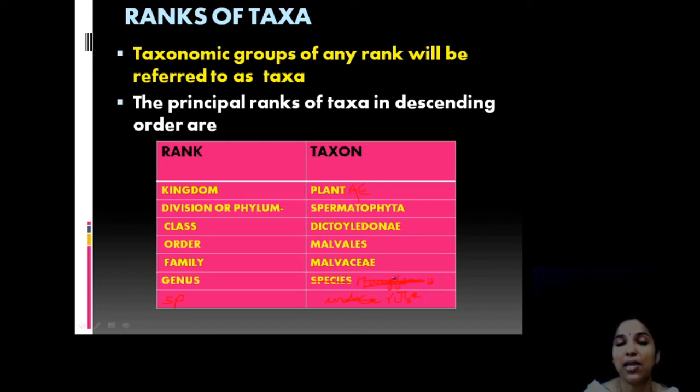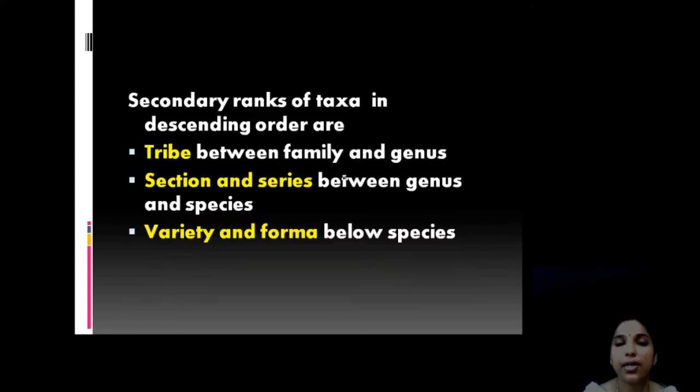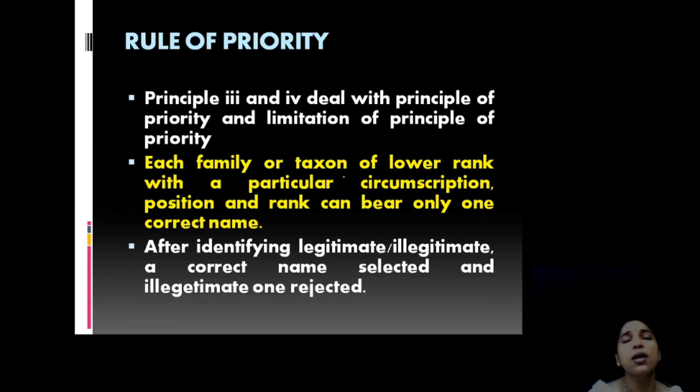Malvaceae is the family, Hibiscus belongs to Malvaceae, and rosa-sinensis is the species. This is how rank and taxon are arranged. Now, secondary ranks of taxa may be there under each: tribe, section, series, variety and form. No need to explain.